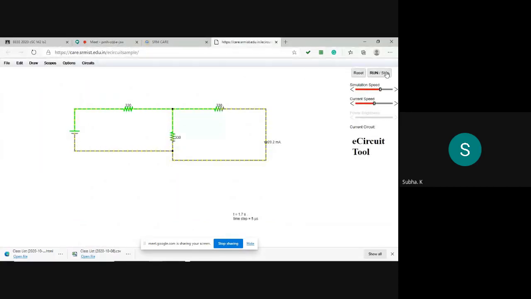Okay. Now the same 20 volt I am keeping. Here I am having 1K. I have to edit the value to 1K again. And this is also 1K. This is also 1K. One more 1K is also necessary, so one more 1K I will add.